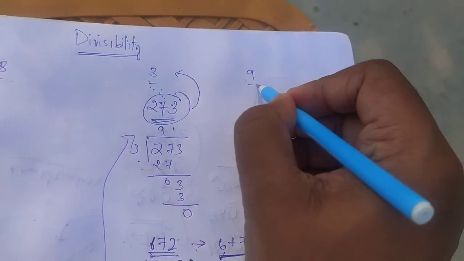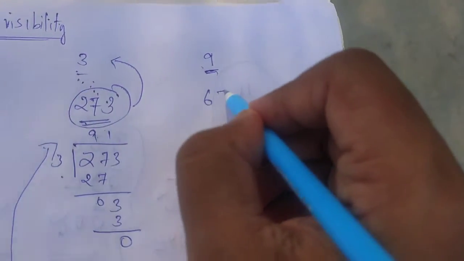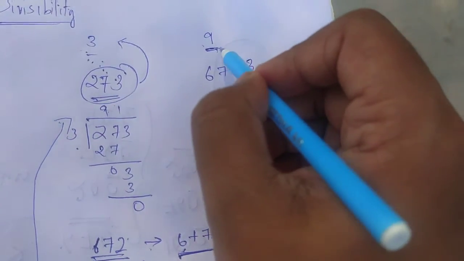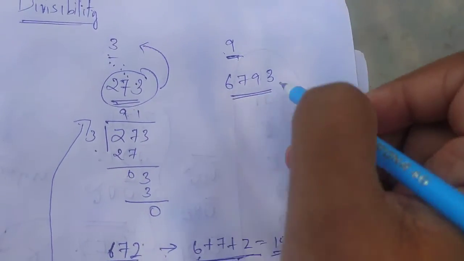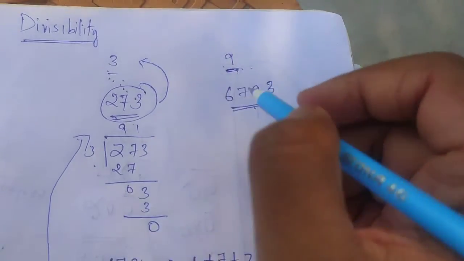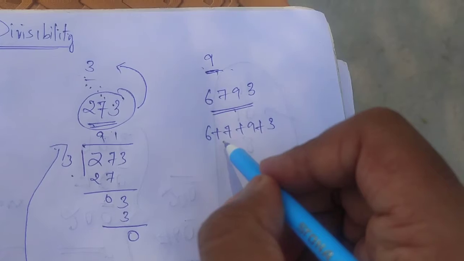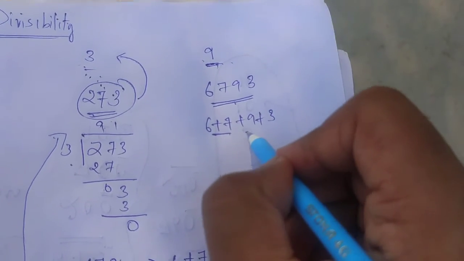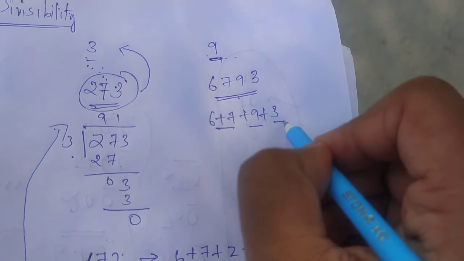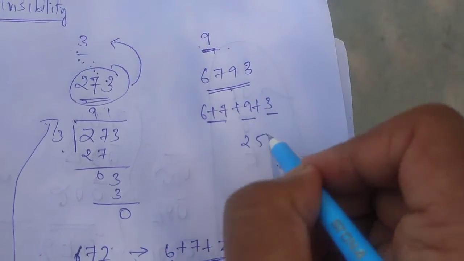Now what about 9? For 9 it is the same. If I give the number 6793, same thing for 9. Add all the digits and check if, when you divide by 9, the remainder is 0. So 6 plus 7 plus 9 plus 3. 6 plus 7 is 13. 13 plus 9 is 22. 22 plus 3 is 25. So we get the answer 25.